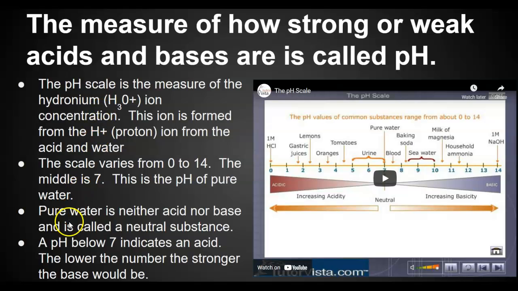So your acids are down on this end here. The lower the number, the more acidic.